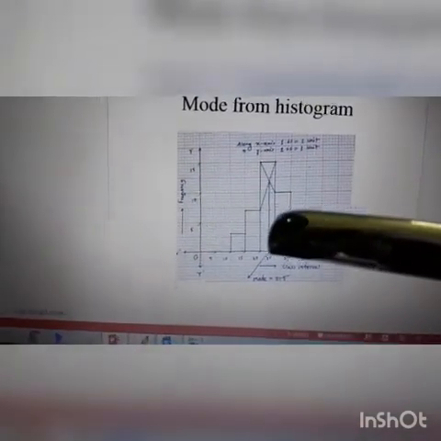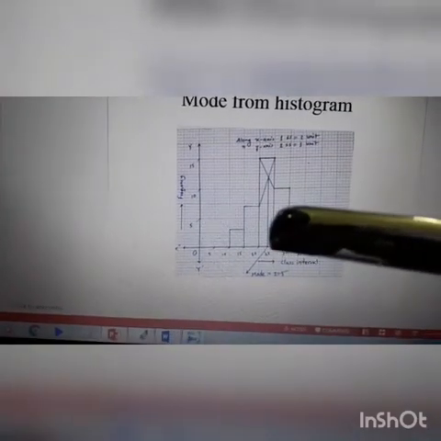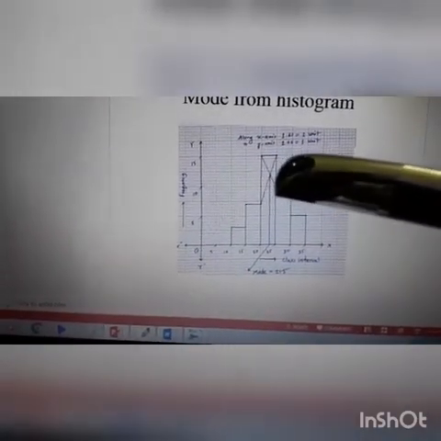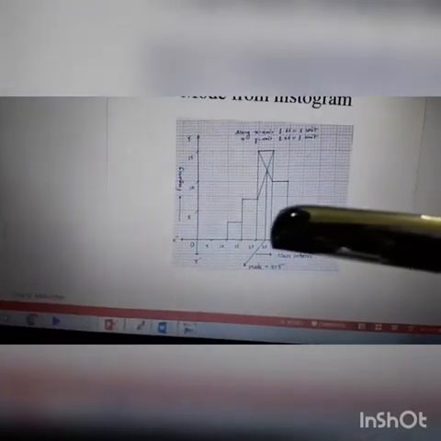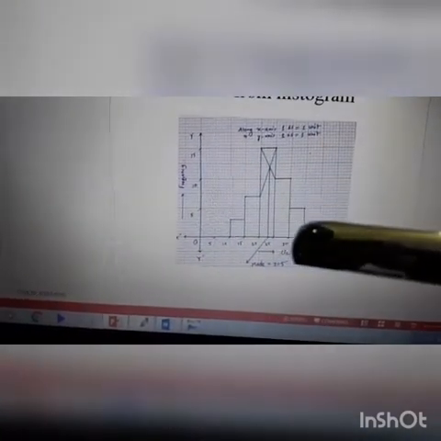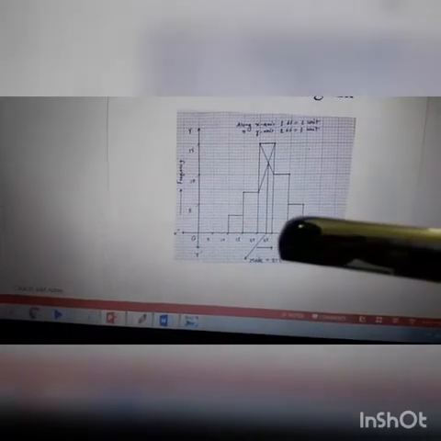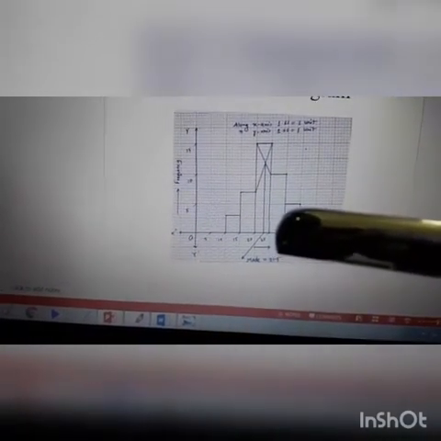So here we get two line segments, and from their meeting point we have drawn a perpendicular to the x-axis, which intersects the x-axis at a point, 21.5. Sorry, it will be 23.